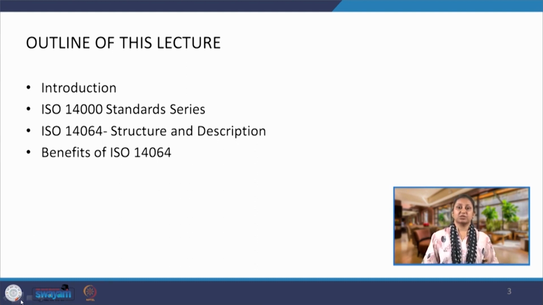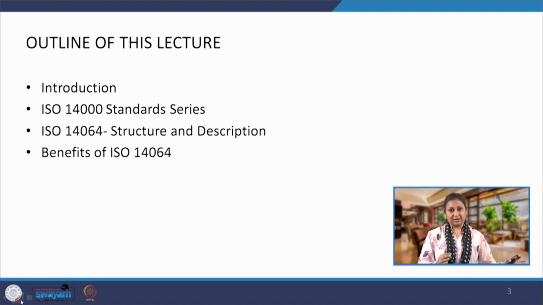So, in today's lecture we are largely going to focus on ISO 14064, which is a complementary standard to the greenhouse gas protocol, which is what we will see later. The greenhouse gas protocol covers some parts of this greenhouse gas emissions reporting and accounting mechanism, and a lot of parts are also covered by ISO 14064.